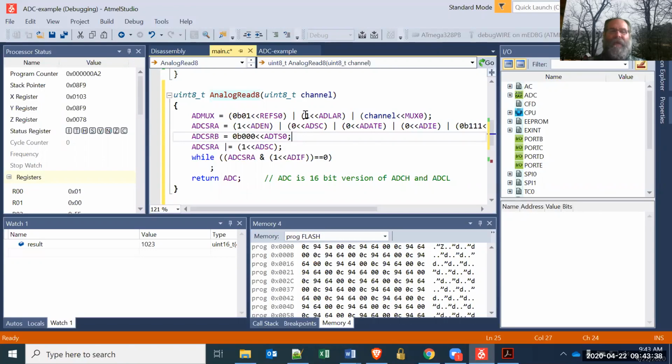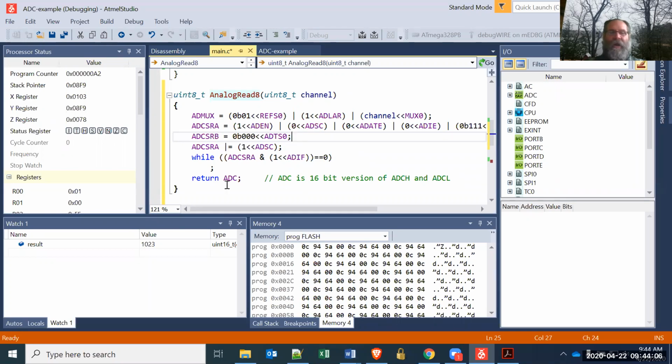If I make this bit a 1, the whole result is left shifted. That means the result is still 10 bits, but the most significant 8 bits are in the high byte. The least significant 2 bits are in the highest 2 bits of the low byte of the result.